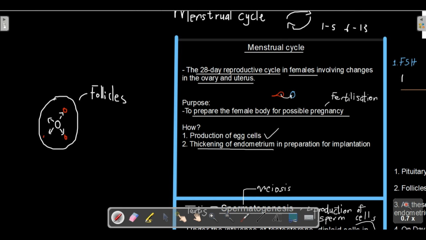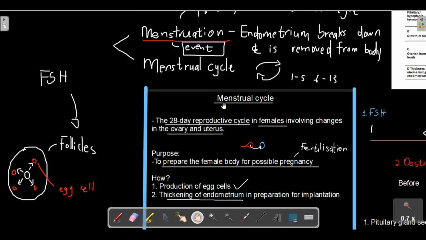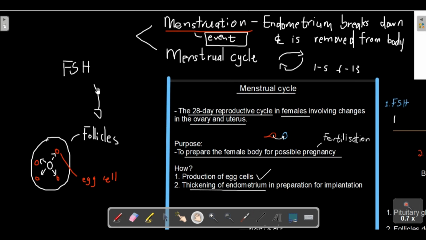So you first have to form a follicle in order to form an egg cell. And I remember that we also discussed that a follicle is formed through stimulation by FSH. So the first hormone that you should think about when you are describing the menstrual cycle is the hormone FSH.